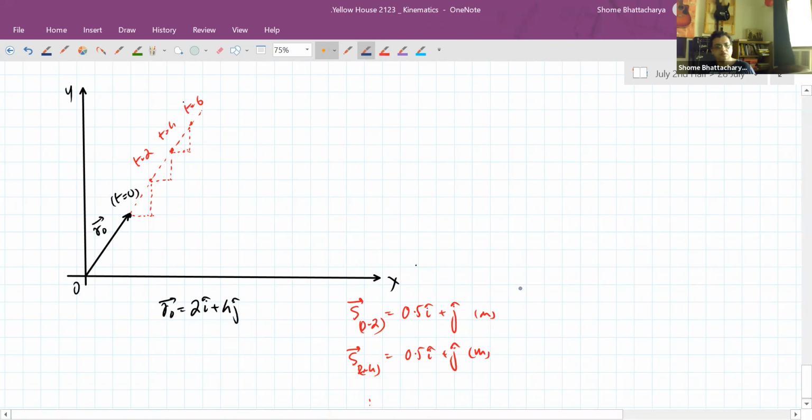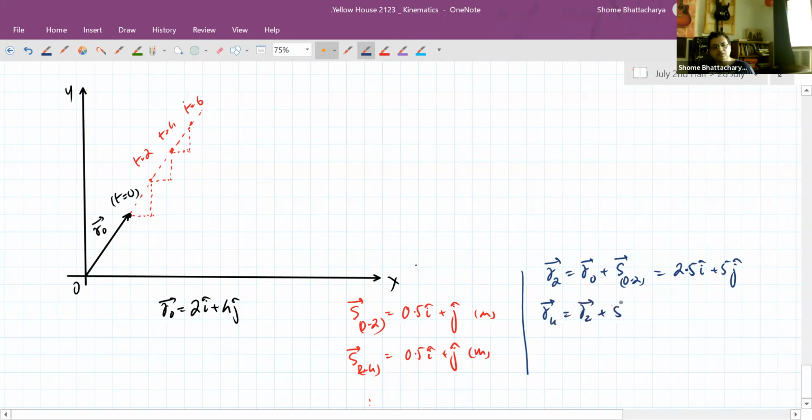So you can see that the position at 2 seconds will be equal to the initial position plus the displacement from 0 to 2. So that will be equal to 2.5 i cap plus 5 j cap. So its position at 4 seconds, you can write as position at 2 plus the same displacement. So 3 i cap plus 6 j cap.